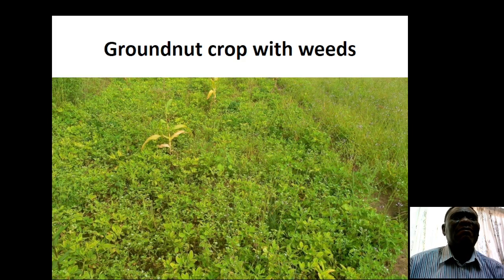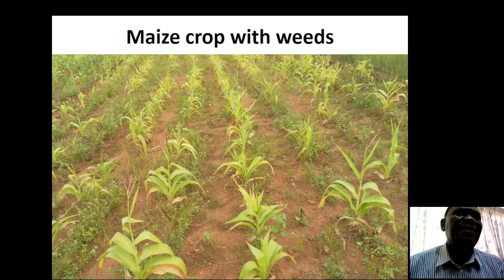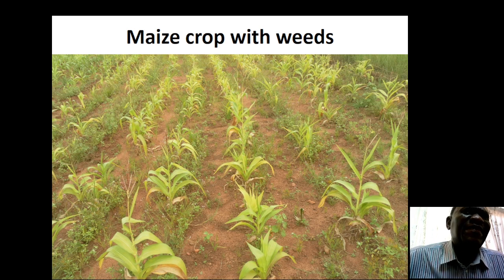So here, just to remind you that we are talking about weeds and crops. Here we've got a groundnut crop with weeds. In fact, we can hardly see the groundnut crop. Maize crop with weeds. Probably a lot of things have happened here.